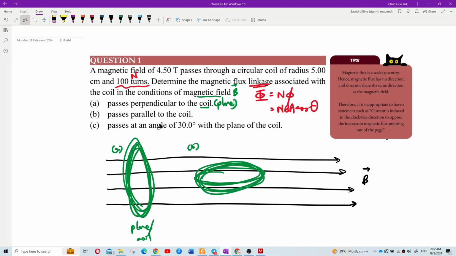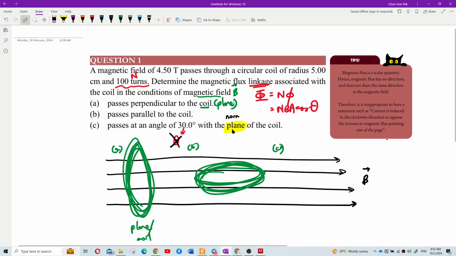Okay. C is the field passes at an angle 30 degrees to the plane of the coil. Be careful with the word plane of the coil. This is not theta, class. Don't directly substitute 30 degrees with theta, because he said this angle 30 degrees is with the plane, not with the normal.